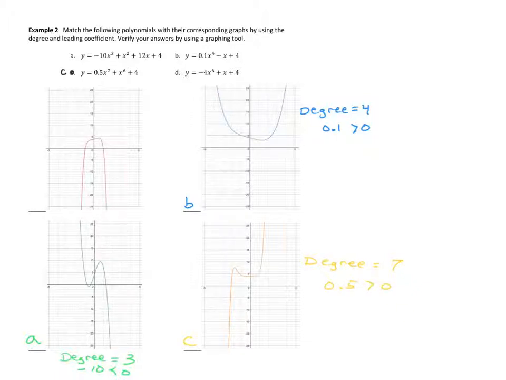By process of elimination, clearly this has to be the graph of D, but it makes sense. Here you have an even degree, which is x to the 6th, and this negative coefficient flips the graph upside down. So I'll write down that this is D, and the reason is the degree is equal to 6, and it has this negative leading coefficient.